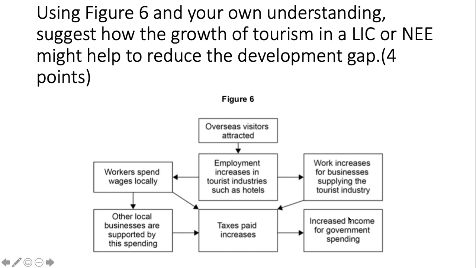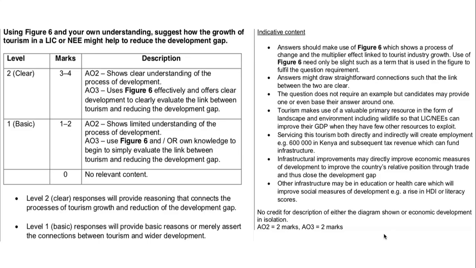So how would increased income for government spending, what would the next box look like if we were talking about reducing the development gap? What would that money be spent on? How would that money be used to reduce the development gap? And how would that achieve reducing the development gap?